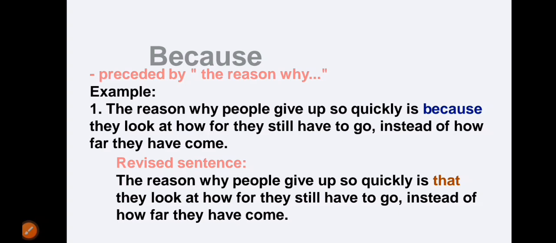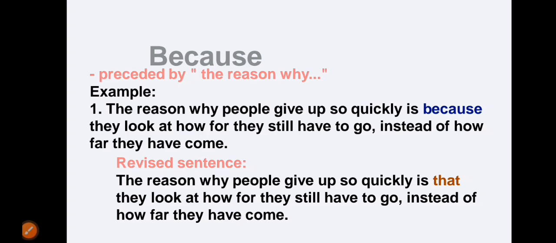To correct that sentence, we have this revision. The reason why people give up so quickly is that they look at how far they have to go instead of how far they have come. So we just need to replace because with the word that, which should rename the preceding clause.